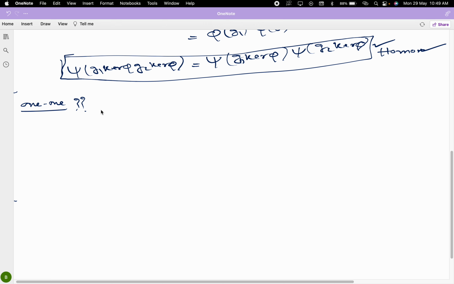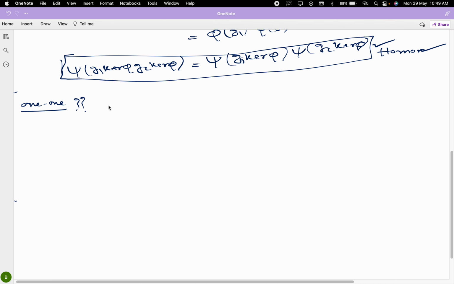A function is said to be one-one if, when two images are the same, we can show that the elements are the same. Or, taking the contrapositive, if two elements are not the same, then their images should not be the same. So let's check the one-oneness.